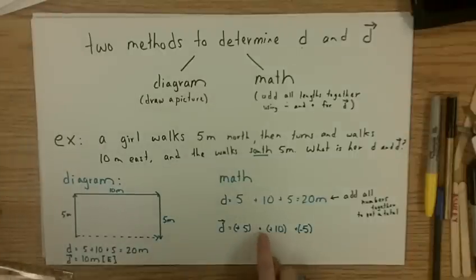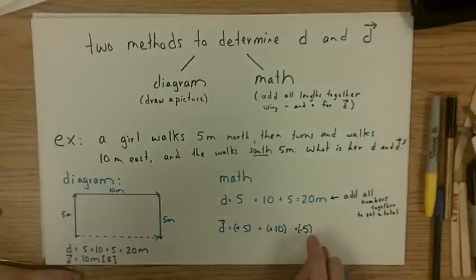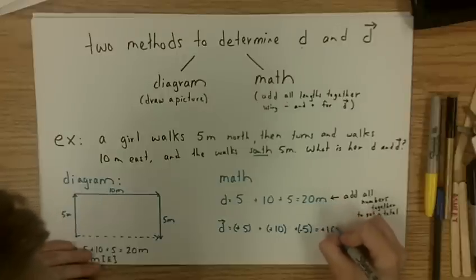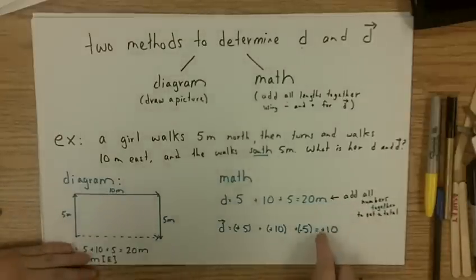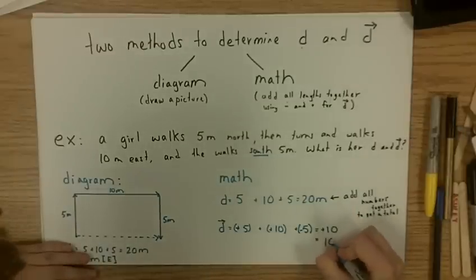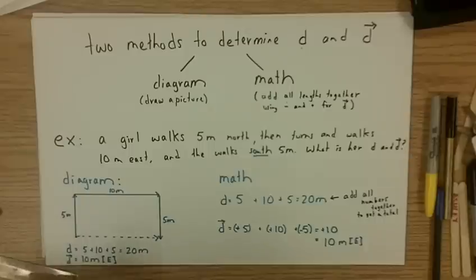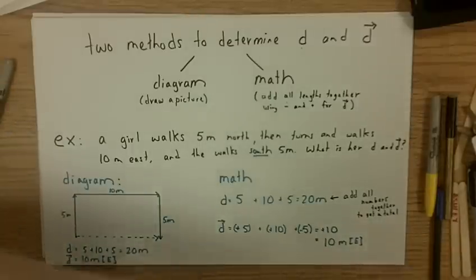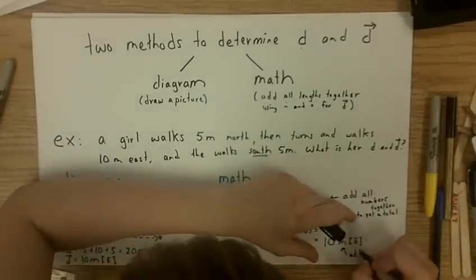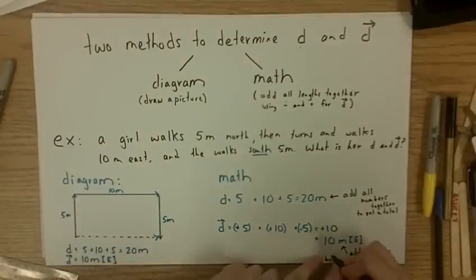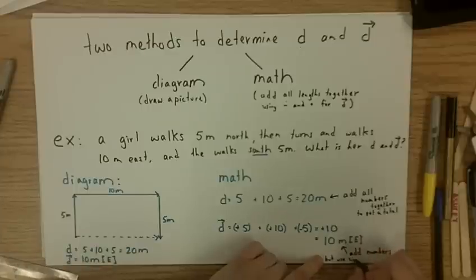So 5 plus 10 plus minus 5, if you put that into your calculator, makes plus 10. And then because we want a direction and not a sign, we convert it back into a direction. Positive direction is east. So for displacement, we add the numbers just like before, but use signs for directions.